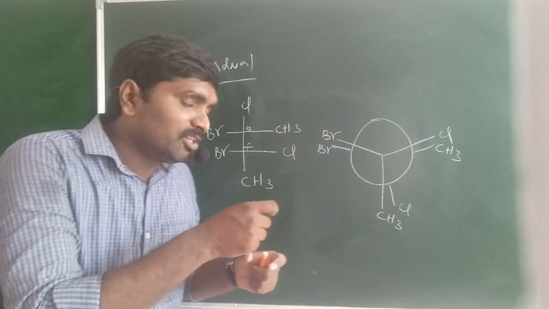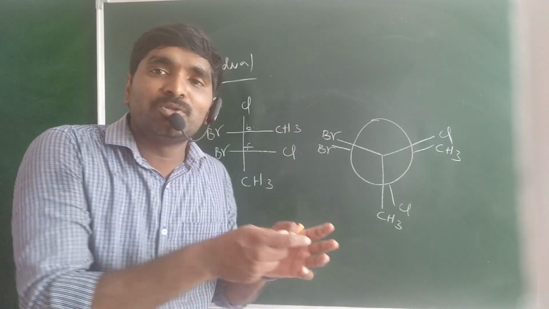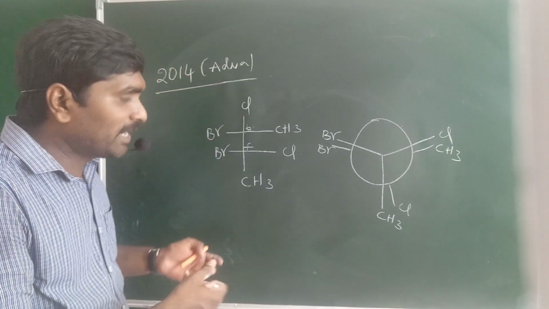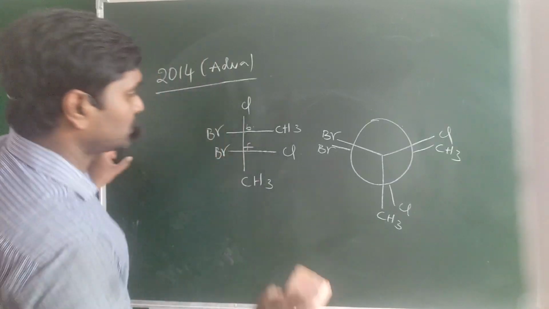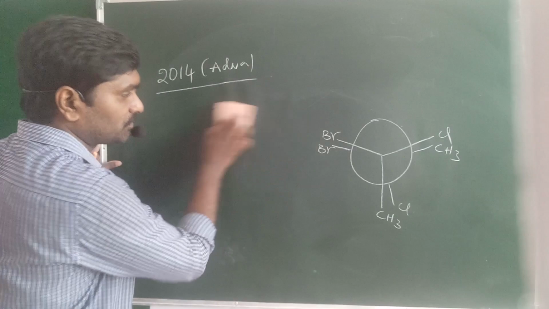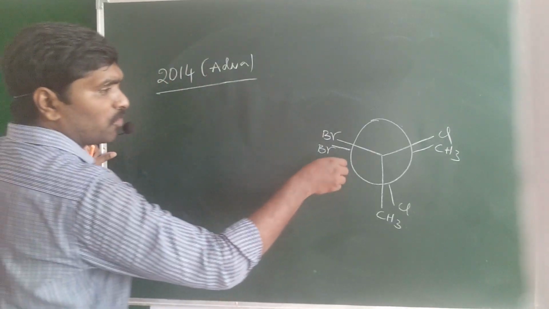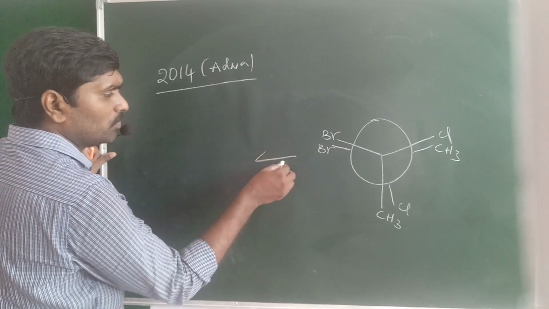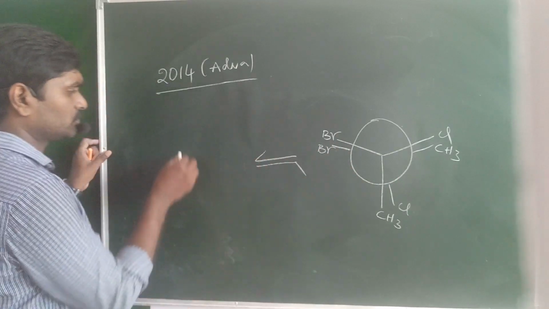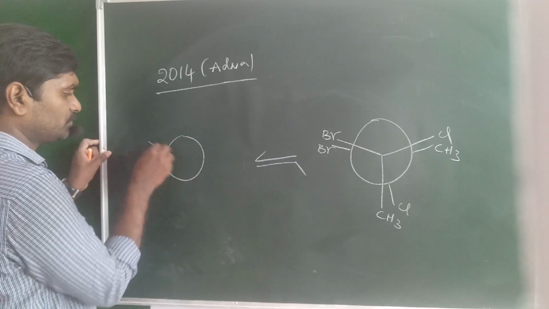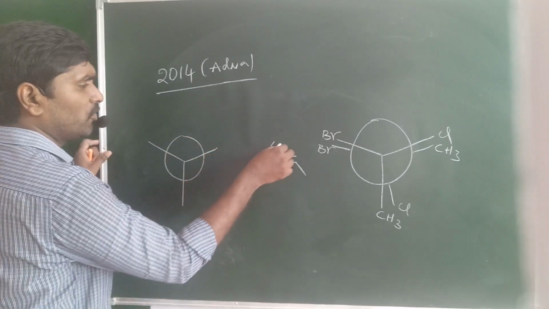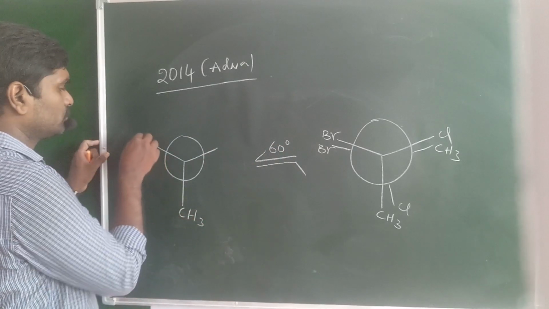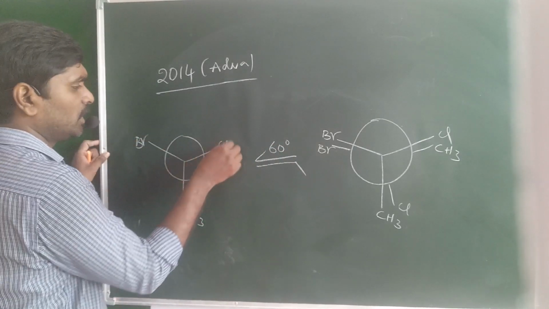You will rotate the molecule from the eclipsed conformation into the staggered conformation by rotating 60 degrees. You will get different conformers. After rotating 60 degrees, the molecule may be like this: CH3, Br, Cl.